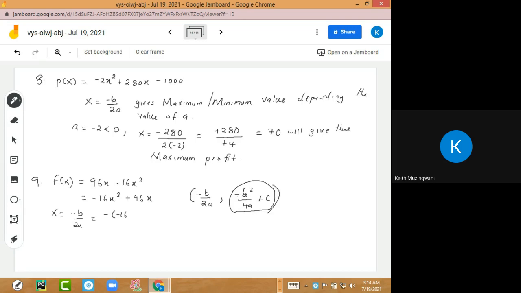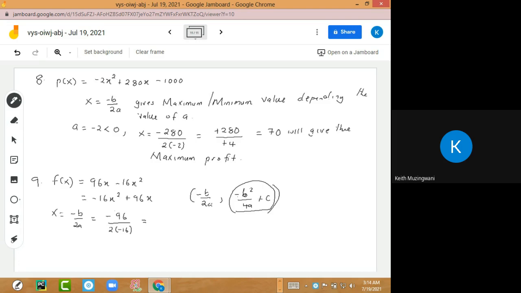And that's why it's nice to rearrange here. Because I've rearranged, I've realized that I can make a mistake. So negative 96 as our b over 2 times negative 16.